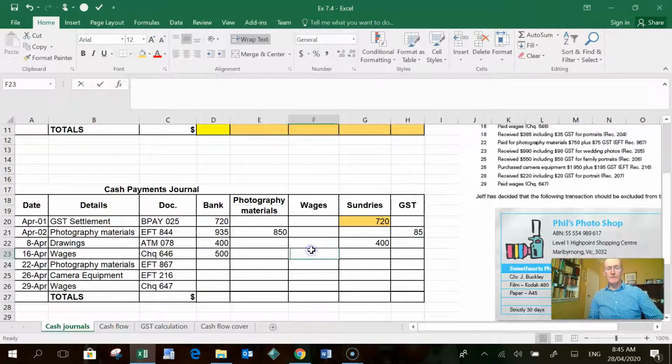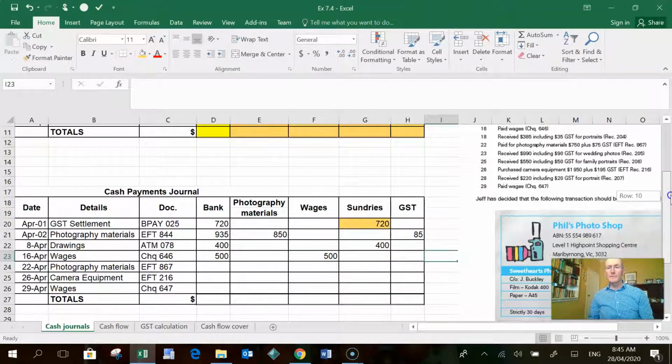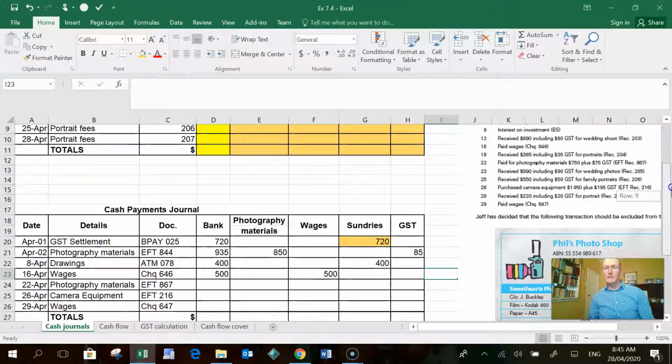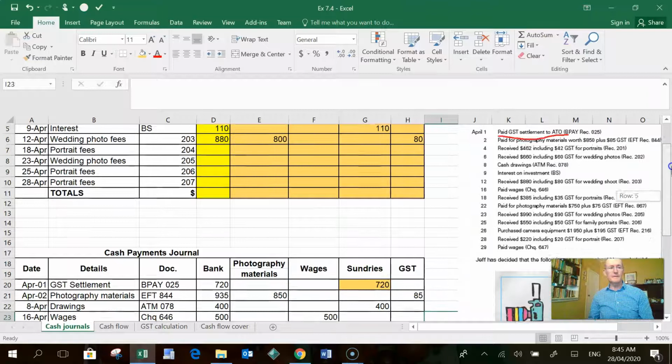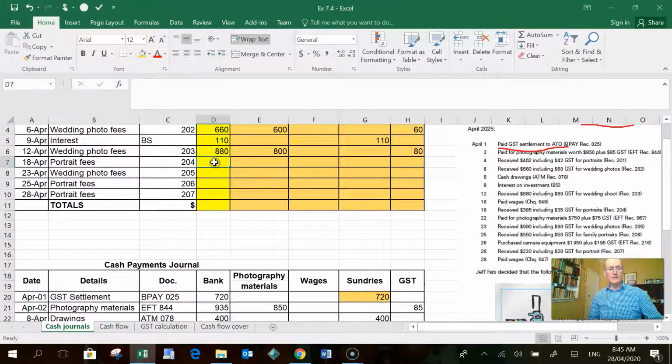Straight into the wages column. And we go up to the 18th, received $385, including GST. So $385, so $35 for portraits, so $350.